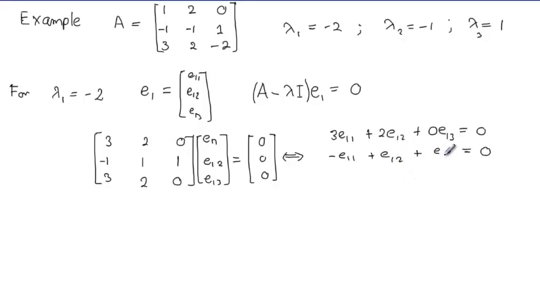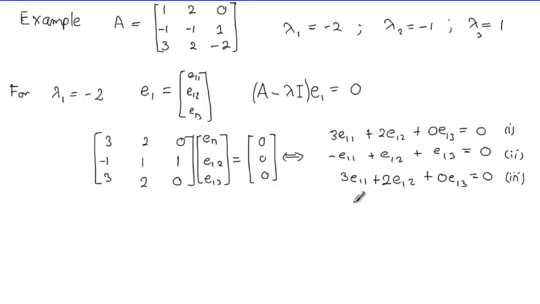And lastly, we've got 3E11 plus 2E12 plus 0E13 equals 0. So equation 1, equation 2, and equation 3.